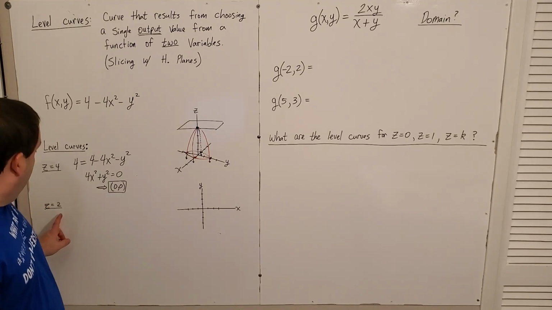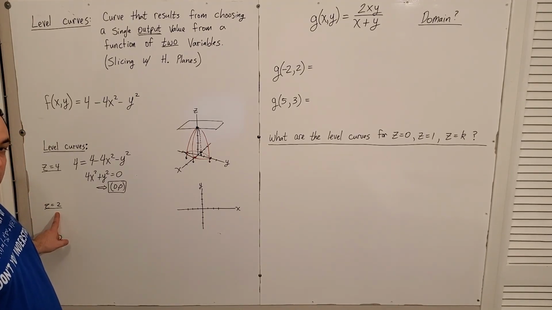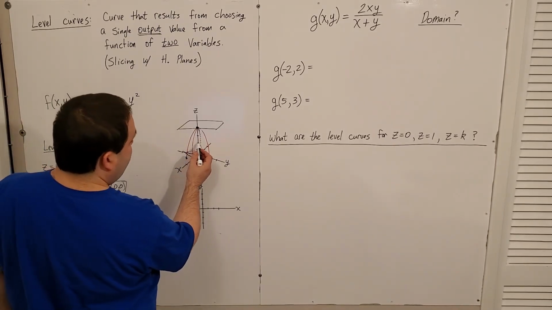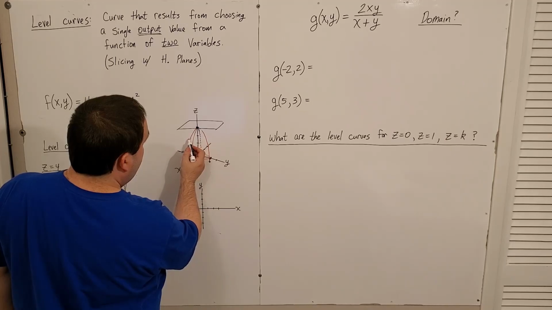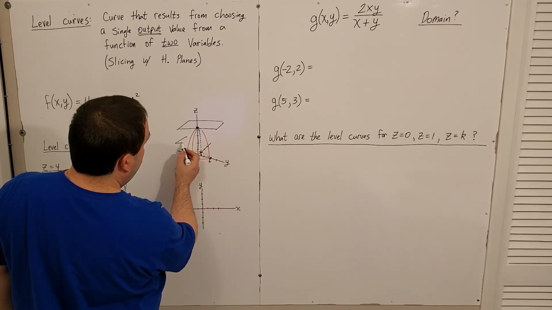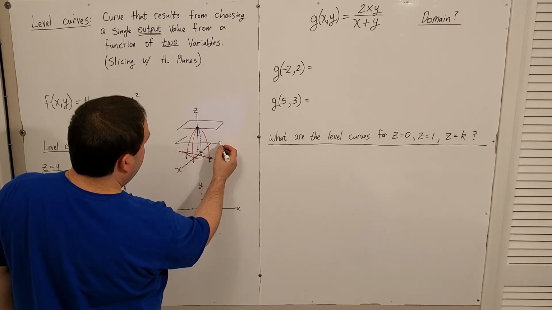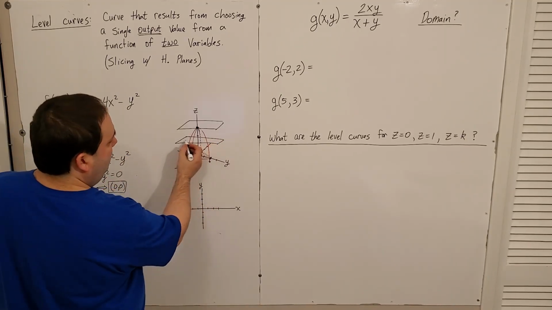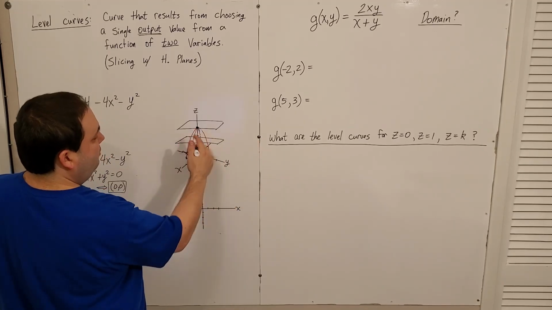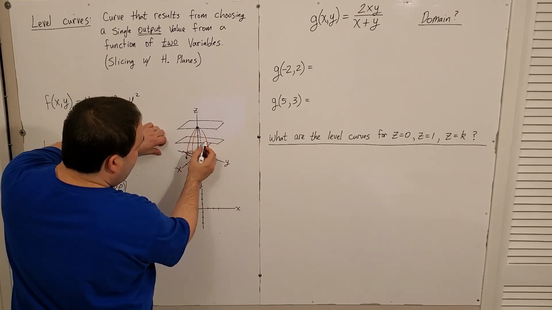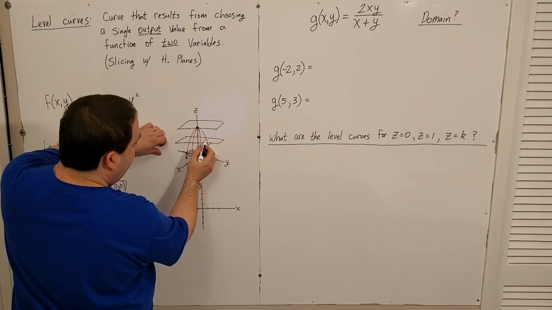Now what about z equals 2? Well, if at z equals 2 right here, I make a slice with a plane, like so, it would hit the paraboloid straight through the meat of it, and then what I would get is an ellipse.